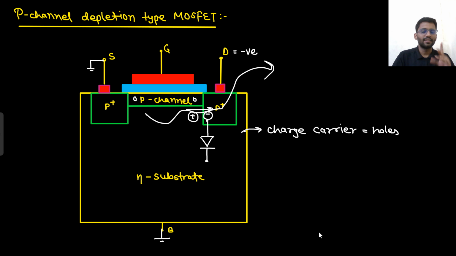Do you know these things? The first thing is that electrons travel in the opposite direction of electric field, and the current direction is opposite to the motion of electrons. If electrons are traveling here, the current will be here. One more statement: holes travel in the direction of electric field.